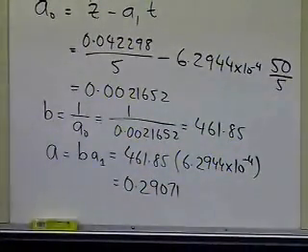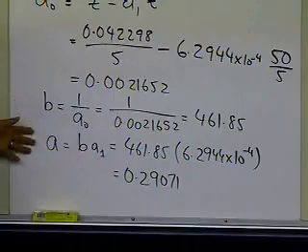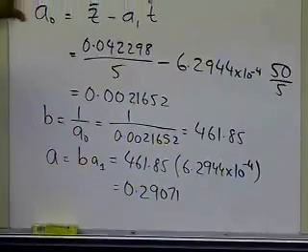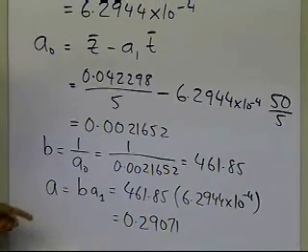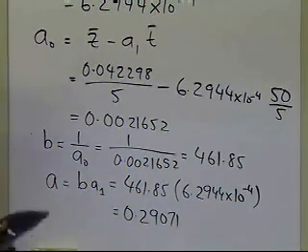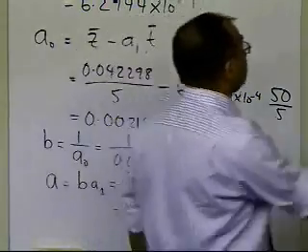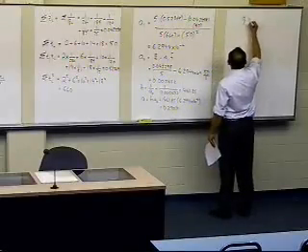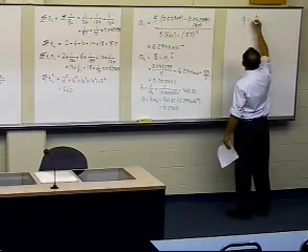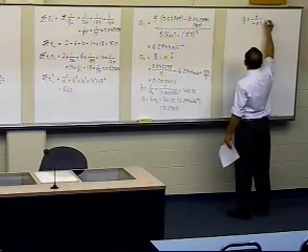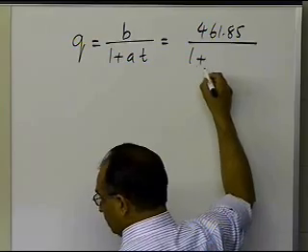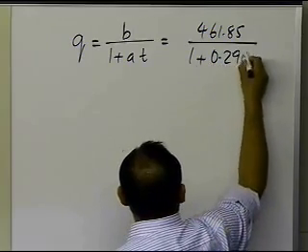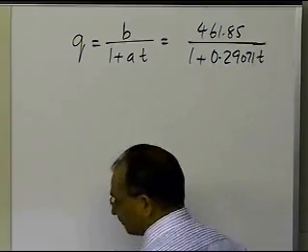So what I've been able to do is use the transformed data and the linear regression formulas to calculate my A0 and A1, and then backtrack to my values of a and b of the harmonic decline curve. So the harmonic decline curve I now have is q equals b divided by 1 plus a t, which is 461.85 divided by 1 plus 0.29071 times t.